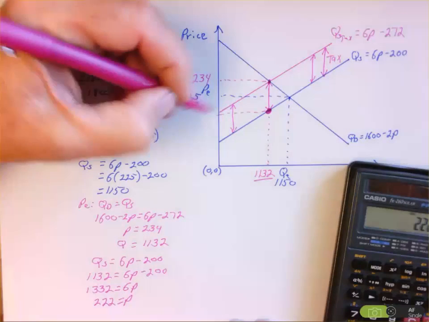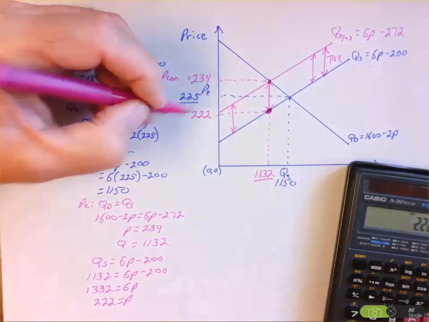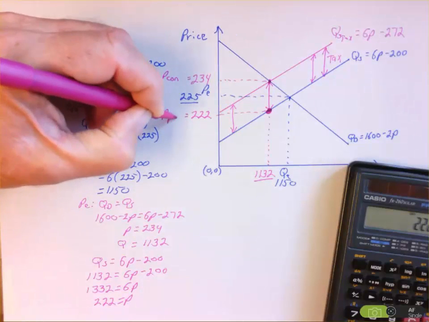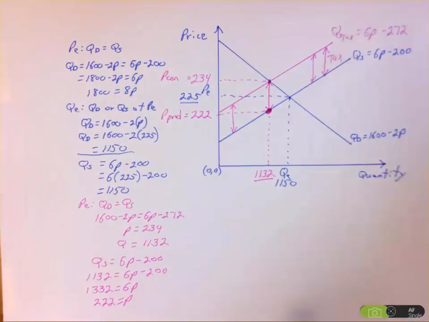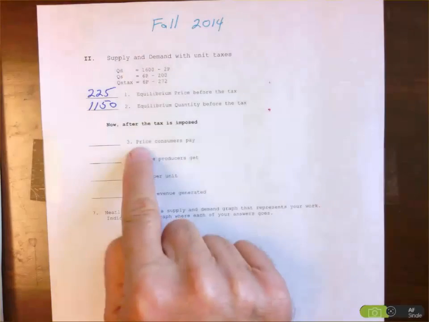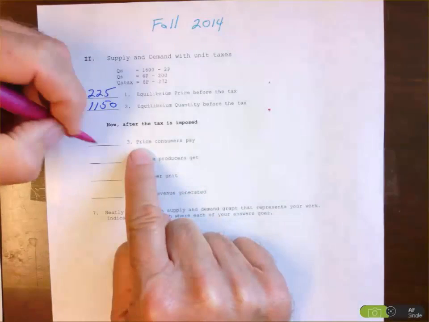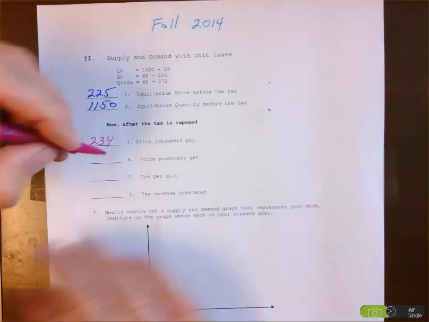So this number down here is 222, and that's the price producers get after they have to pay the tax. They get $222. So those numbers go here. The price consumers pay is $234, and the price producers get is $222.